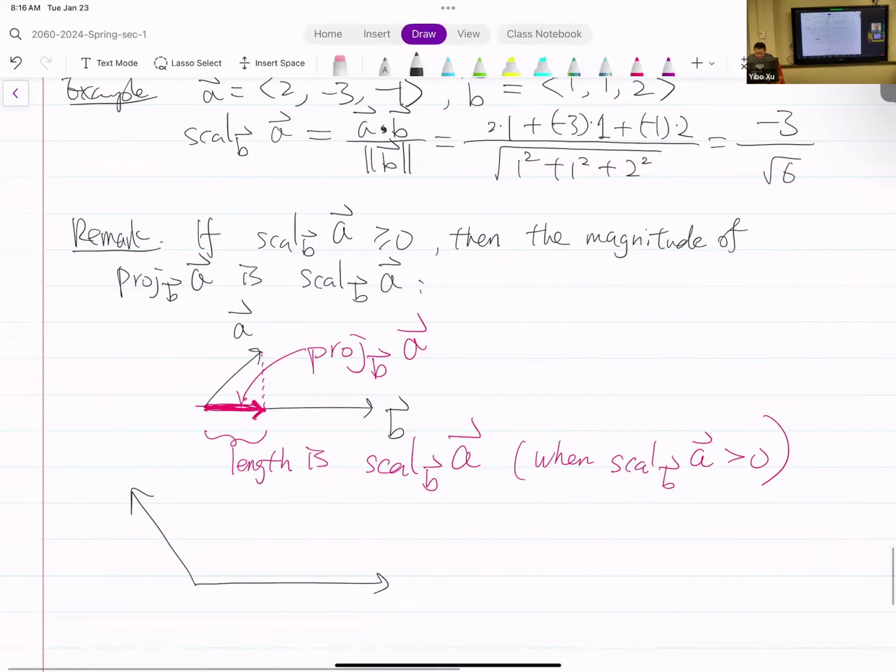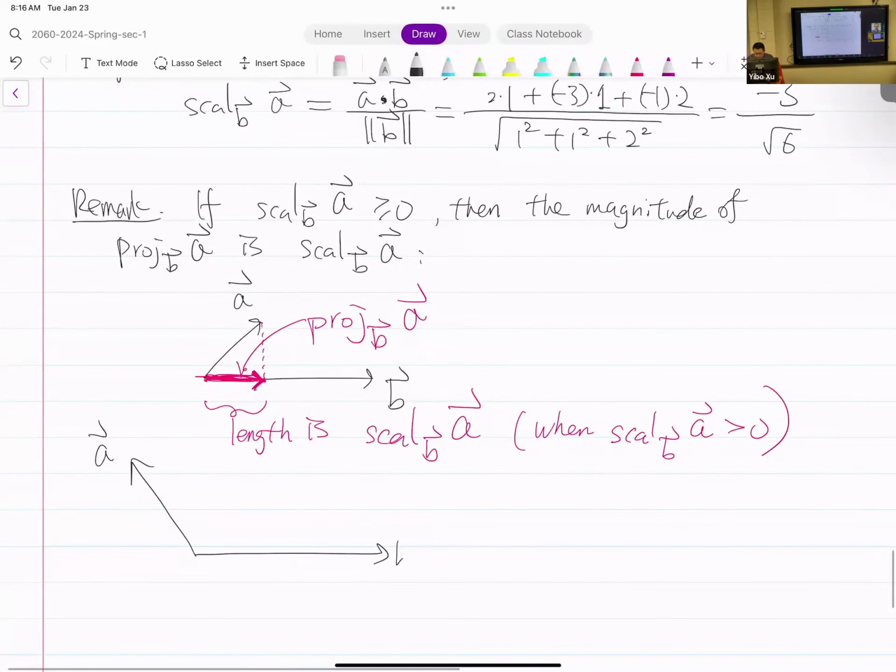When you sketch the projection down to the direction of B, you eventually hit the negative side of my original vector B. So we have this portion pointing towards the negative direction of B as the vector projection onto the direction of B.